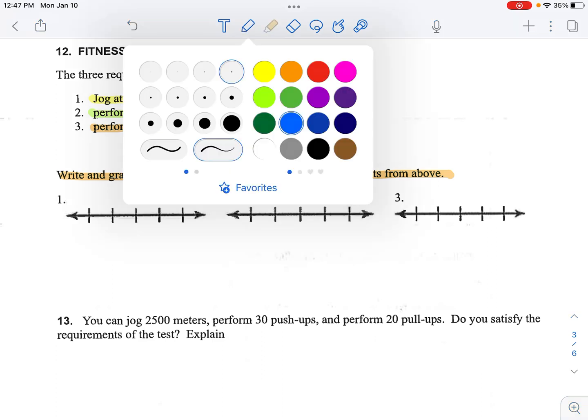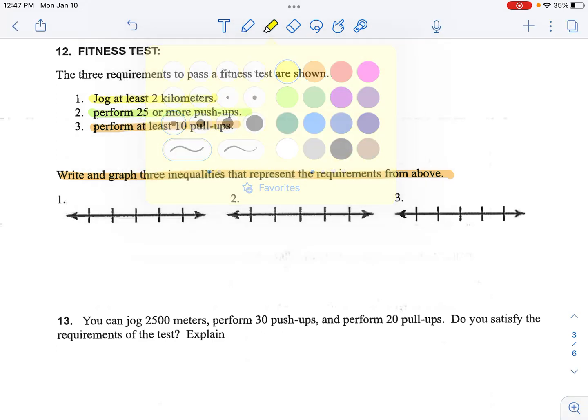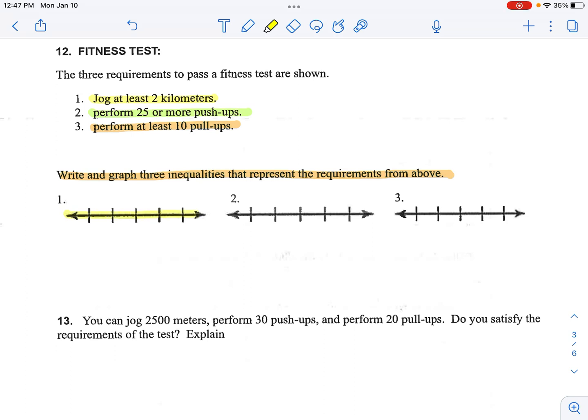Okay, so I'm going back to number 1, which was yellow. So this number line is going to go with number 1 up here. Jog at least 2 kilometers. It says to write and graph. So what does it mean if you have to jog at least 2 kilometers? At least is going to be greater than or equal to.